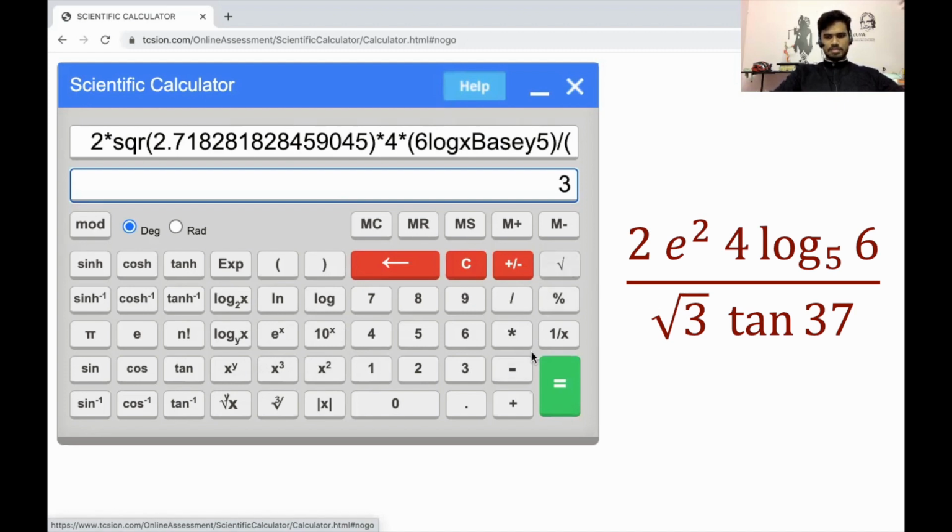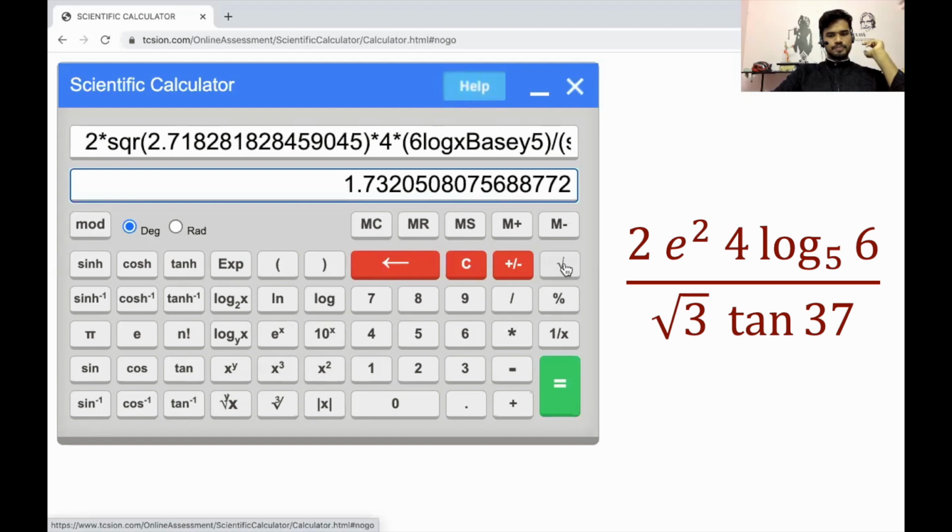Remember, the basic number operations are on the right hand side. So do square root. Got square root of 3, and that times tan 37. Things are in degrees. Do 37, and then finally a tan. Okay, and to close the bracket, close the bracket. Okay, this is the expression in the denominator. To find the actual answer, press equals.